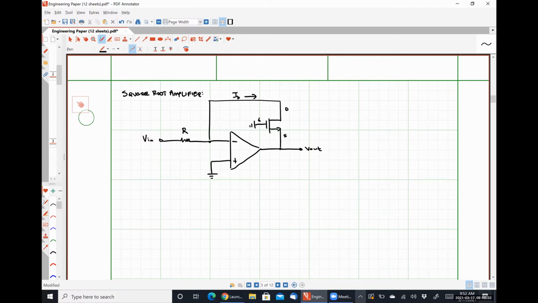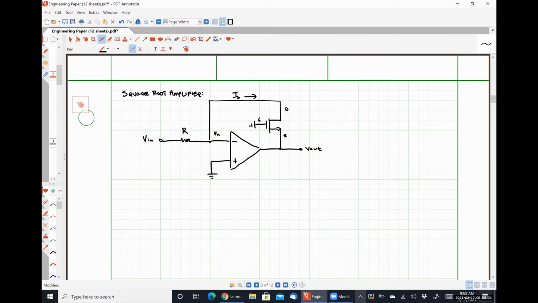Is it a diode connected or is it a current source? Diode connected, right? Okay, so we have a diode connected MOSFET, NMOS transistor here. The gate and the drain aren't directly tied together, but it's going to behave as if it were diode connected because this node, Vx, will always be at 0 volts, which is the same potential as the gate for an infinite open loop gain.